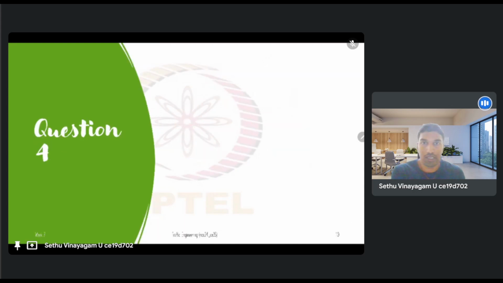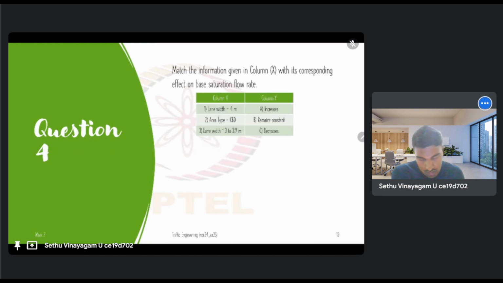Next, moving on to question number 4: match the information given in column X with its corresponding effect on the base saturation flow rate. So in column X, we have three effects. One is the lane width is equal to 4 meters. Second, area type is CBD, and third is lane width is 3 to 3.9 meters.